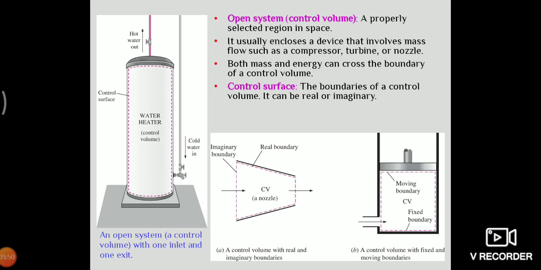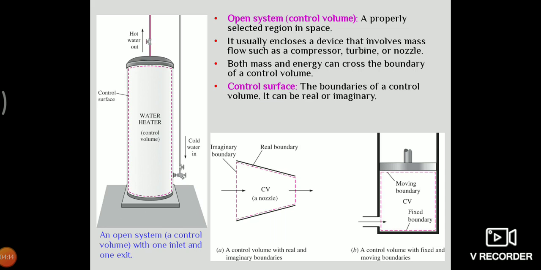The boundaries of a control volume are called the control surface, and this boundary can be real or imaginary. We can see this in the example of the nozzle. The interior surface of the nozzle tube forms a real boundary, and the left and right openings of the nozzle are imaginary boundaries.